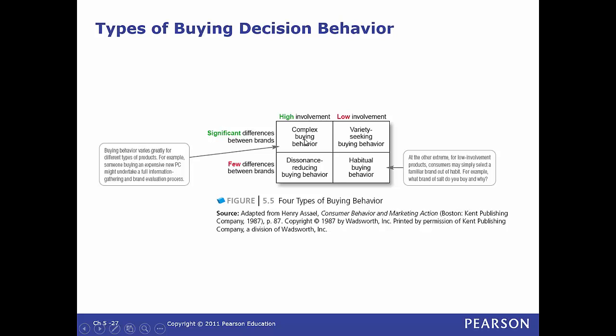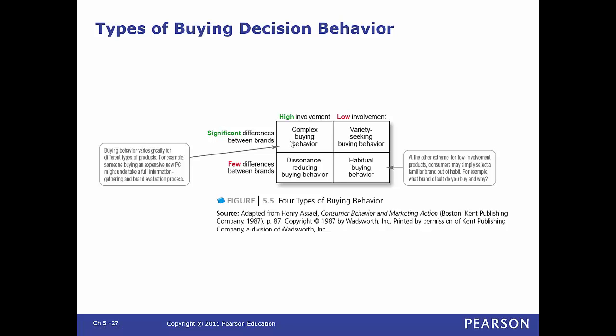In this case, we can say that the consumer will use complex buying behavior. Complex buying behavior usually involves more time and more effort. The consumer will spend more time comparing different products, and then he or she will decide to buy a certain product.